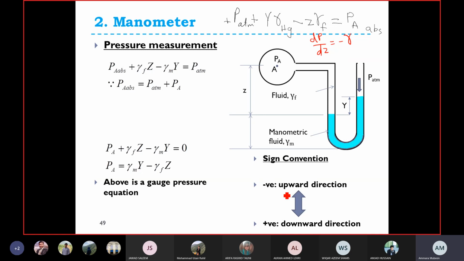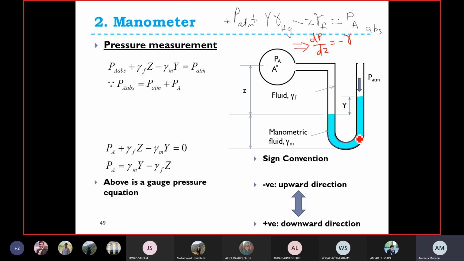Sign convention: when you go in the upward direction, like you have to measure the pressures in the tube. When I'm measuring the pressure from here to here, as I'm going downward, I'll take a positive sign, and when I'm going upward in this tube, I'll take a negative sign. Just remember that the same principle is applied here.